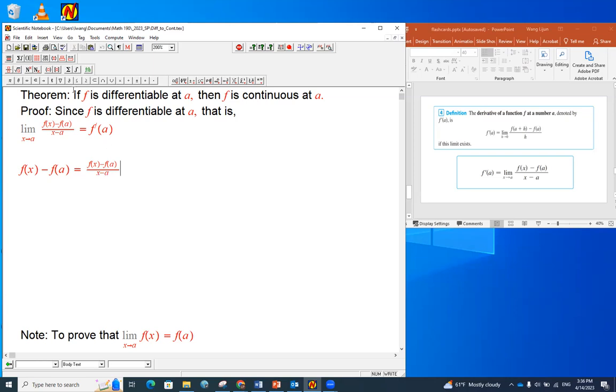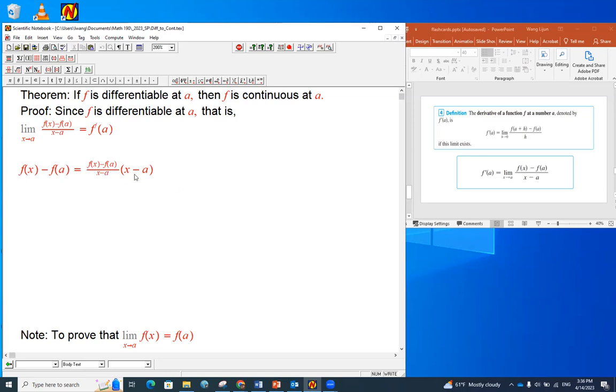We assume x is not equal to A. So we basically rewrite f of x minus f of A in a different form by multiplying by x minus A and dividing by x minus A. Because when x is approaching A, x is not equal to A. So we can do this. So principle number 1 is applied.